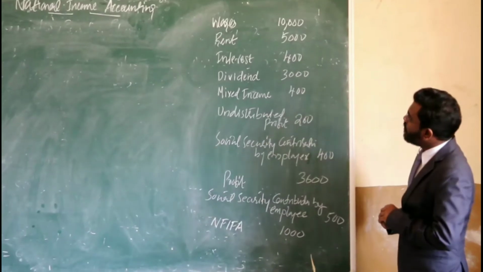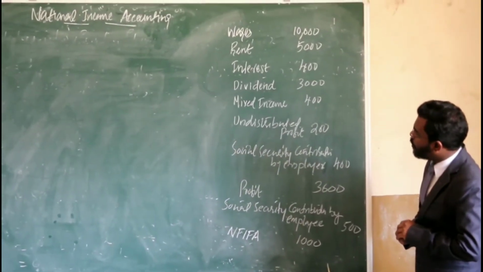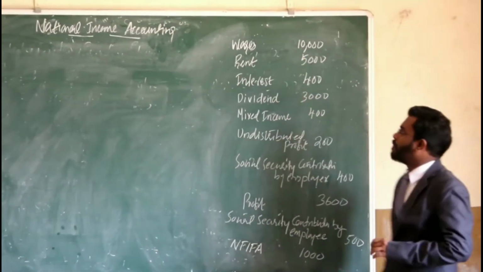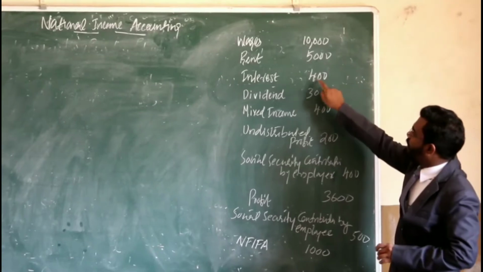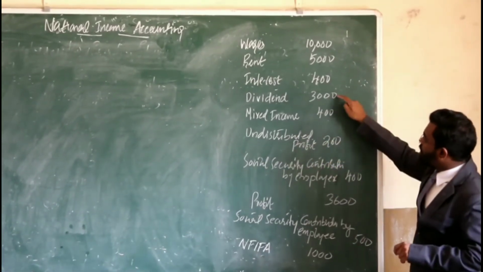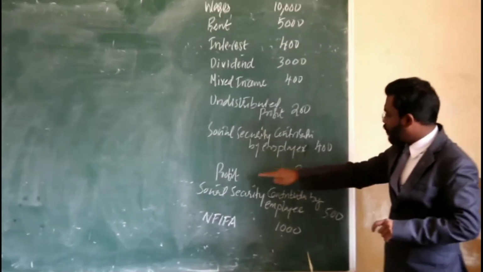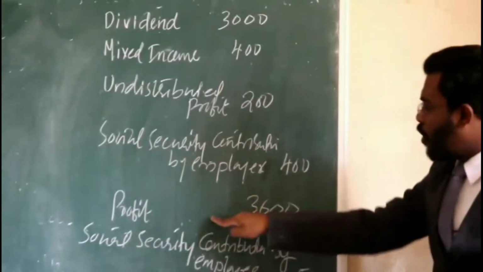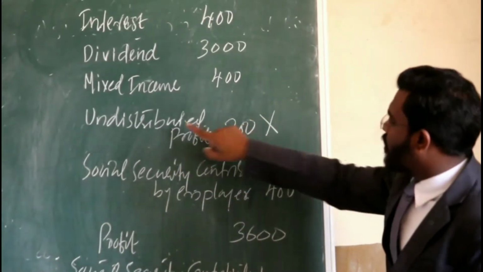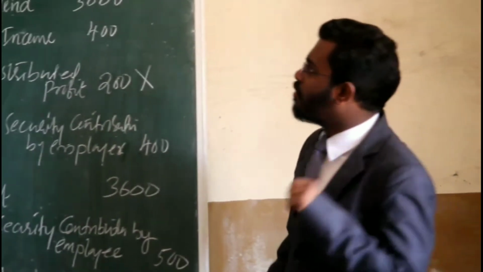First we can check whether compensation of employees is given or not. Compensation of employees is not given, but wages are given. Next, rent is given, interest is given, and operating surplus is not given. Dividend is given, undistributed profit is given, then profit is also given. If profit is given, then there is no need to take care of undistributed profit. It should be excluded from our calculation.